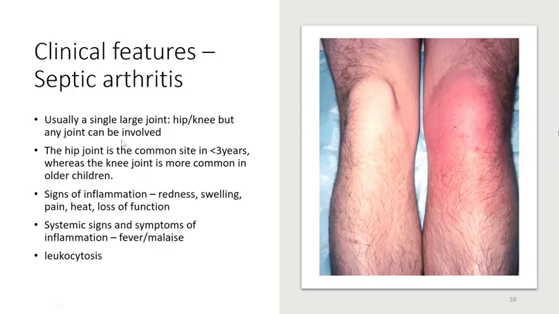Usually it affects single large joints, and sometimes it can involve multiple joints as well. The hip joint is the commonest site of inflammation in children who are less than 3 years of age, and children who are older mostly get knee joint infection.